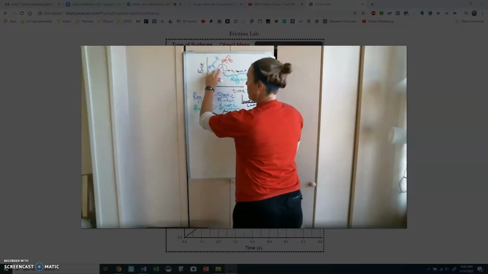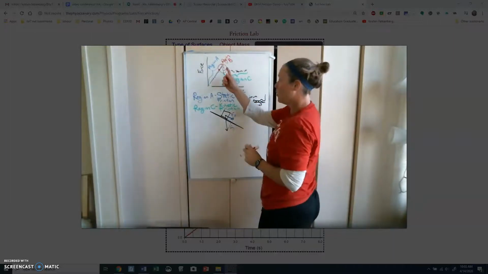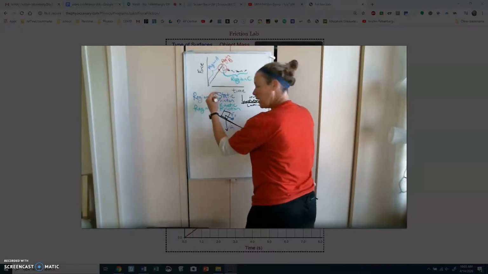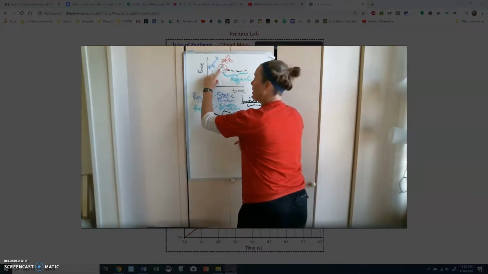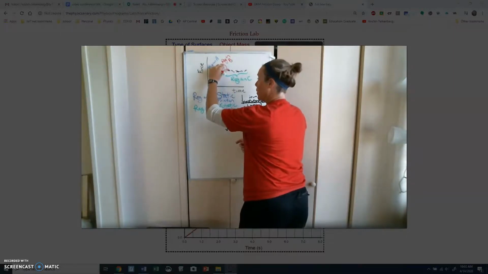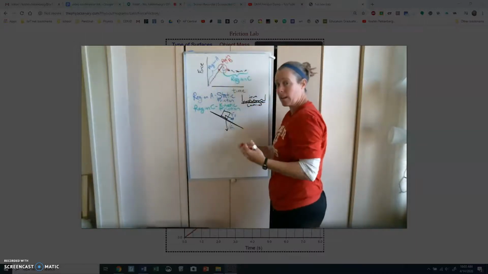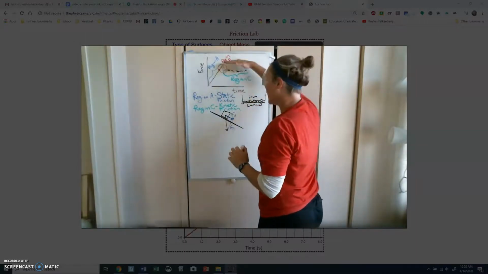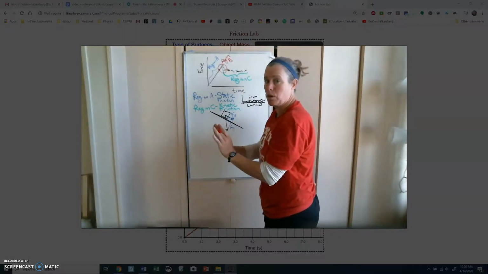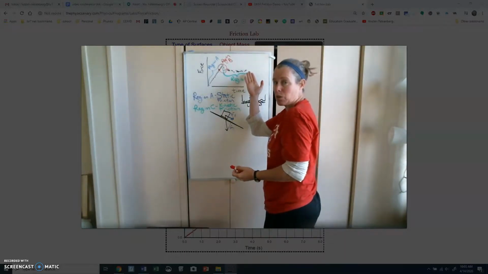Then I gave it a little push that got it over the peak, and then it was in its kinetic friction zone. Once it overcame the peak static friction, it started to move, but that kinetic friction is actually less than its peak static friction. So once you get it moving, it has less friction force to oppose its motion.